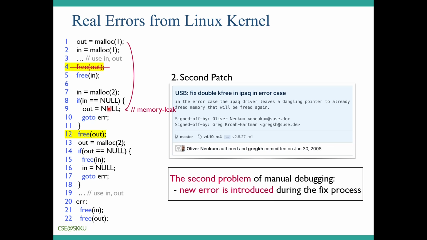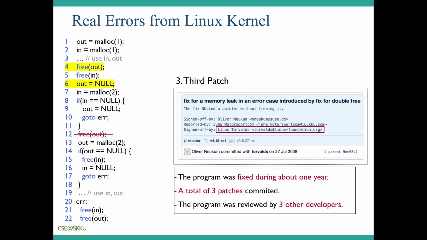So this highlights the second major problem of manual debugging. While developers try to fix one bug, they can unintentionally introduce new unexpected errors that were not even present in the original source code. This leak was later reported by another developer, prompting the original developer to create a third patch.